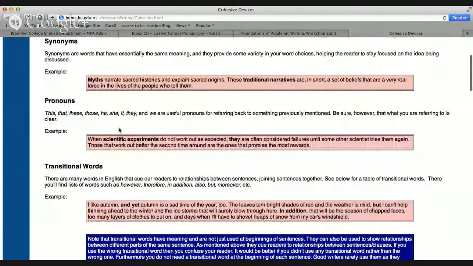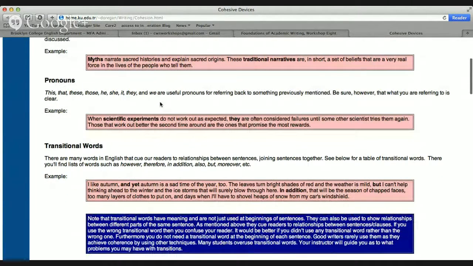We've got pronouns. When scientific experiments do not work out, they, sort of like spinach, it, okay? But the pronoun harkens back to scientific experiments, and those can include this, that, these, those, he, she, it, they, we. Again, we want to be careful about we.